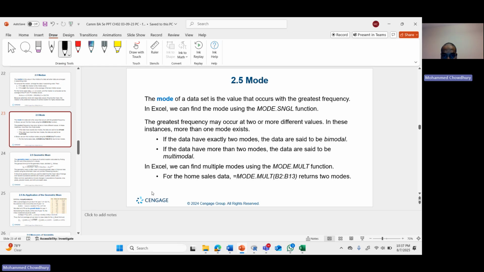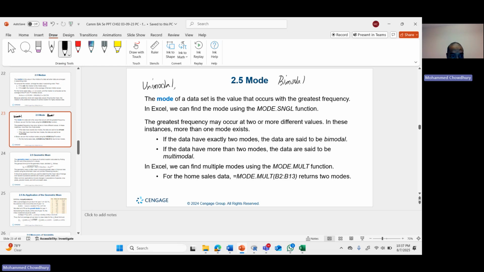If two observations appear the highest or same number of times, that is called bimodal. If three observations appear the same number of times, that is called trimodal.